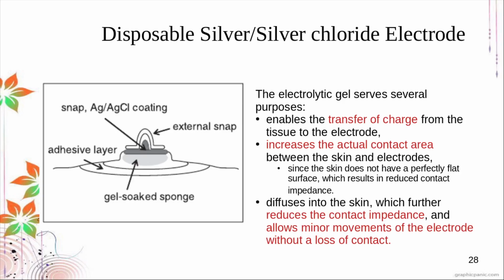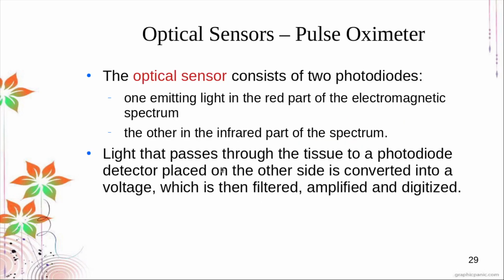So, having a gel increases the actual contact area, and it reduces the contact impedance. It also diffuses into the skin, which can further reduce the contact impedance, and allows minor movements of the electrode without loss of contact with the skin layer.